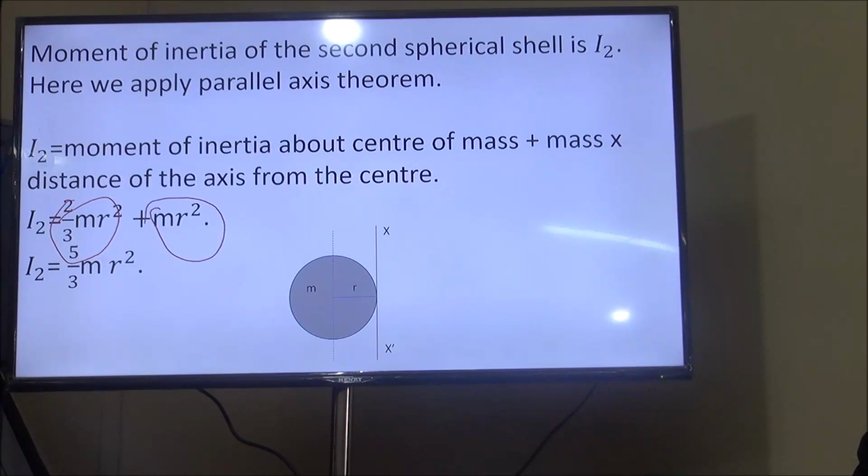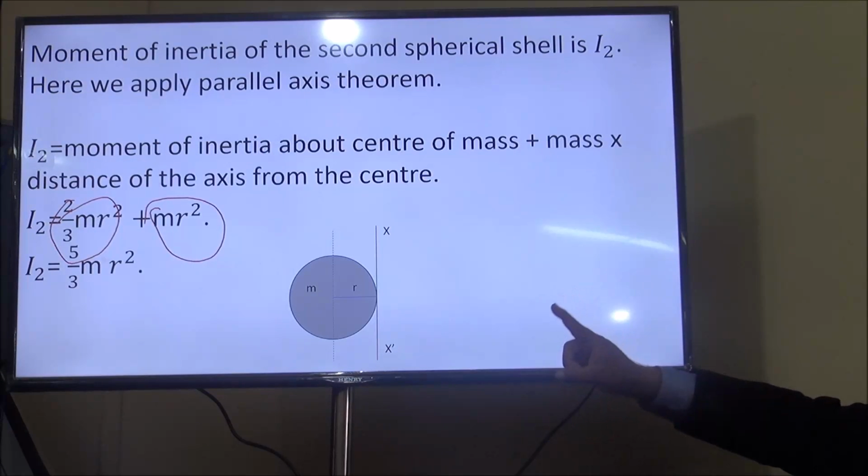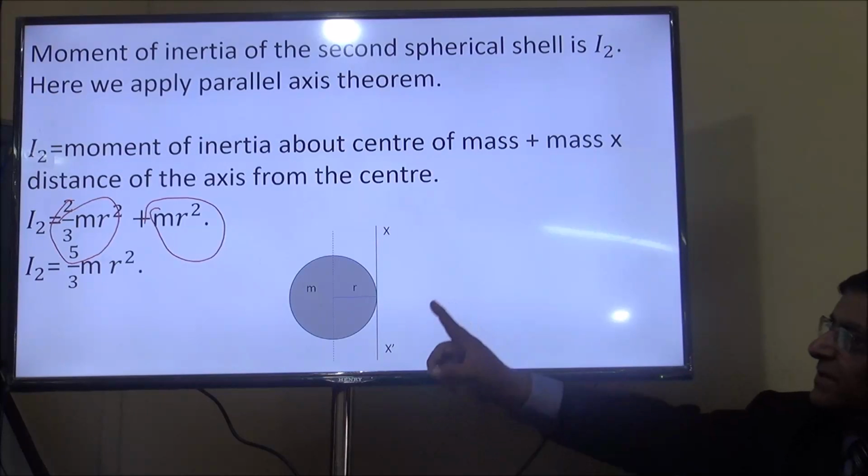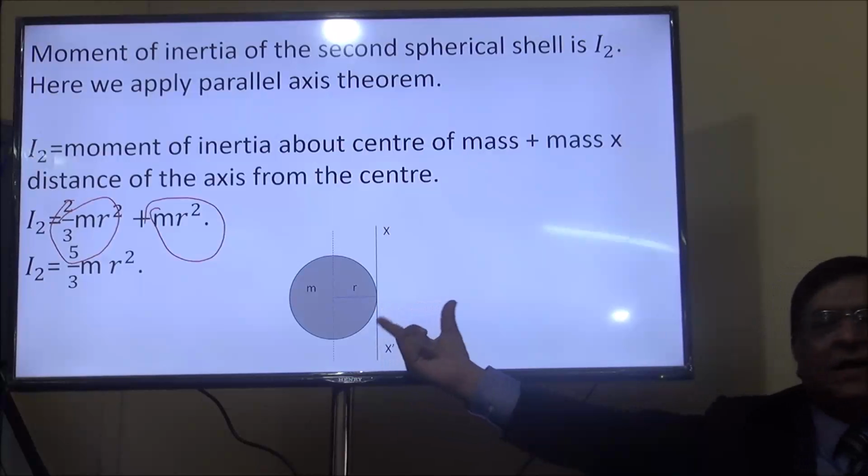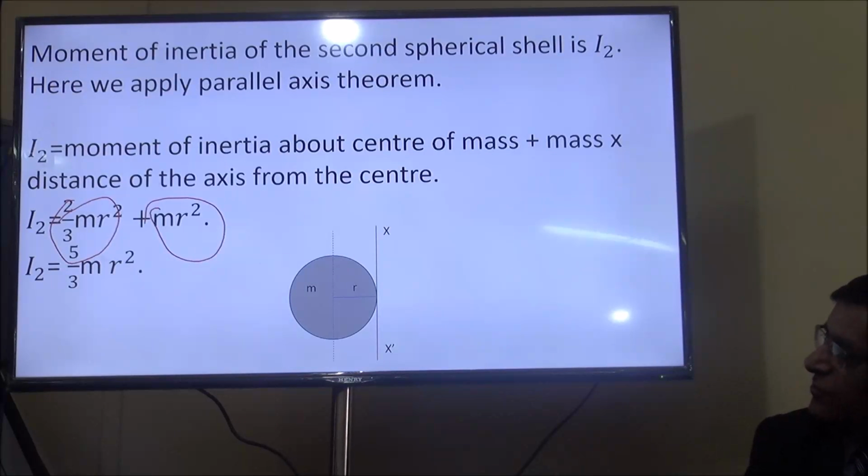This is the second term. So this will be 2 upon 3 mr square, that is I CM, plus m into this distance square, r square. And that comes to 5 upon 3 mr square.